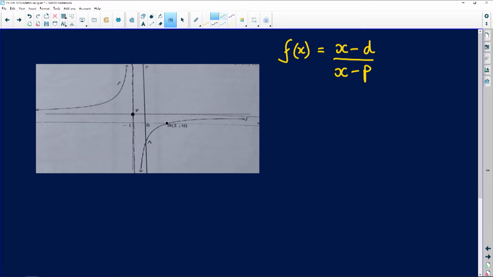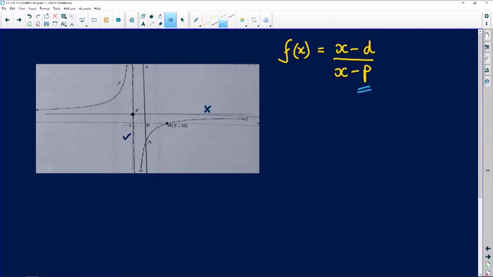Now, they were quite sneaky here, folks, because we do not have a horizontal asymptote, but we do have a vertical asymptote. So that tells us the value of p. This is -1 over here.